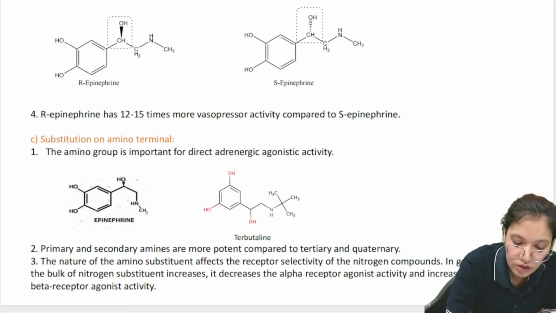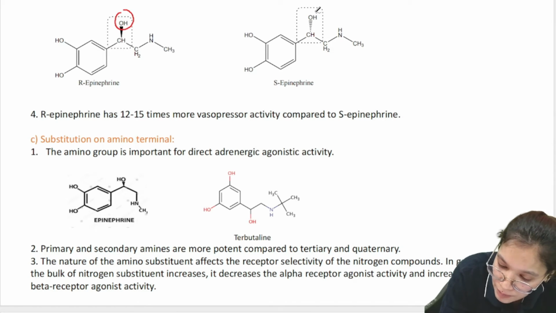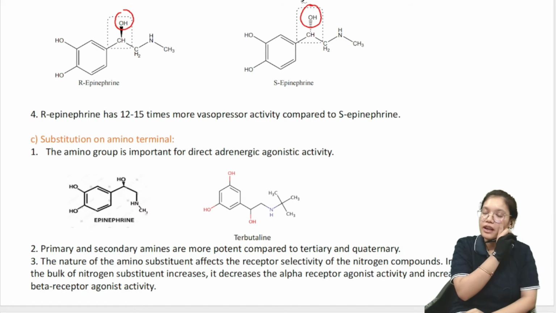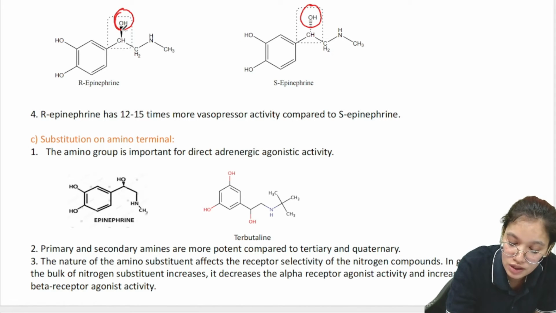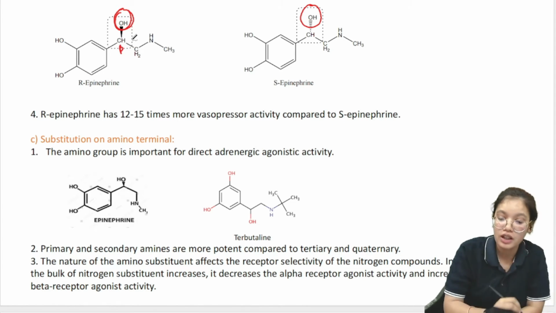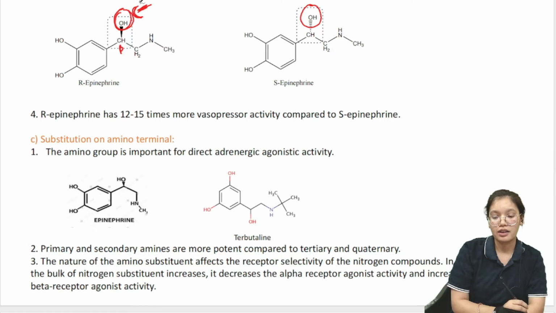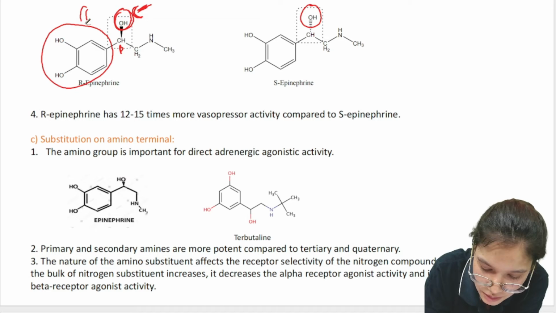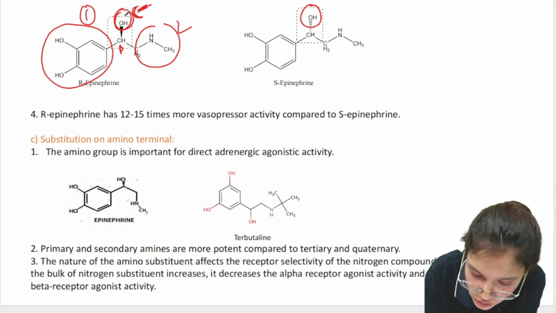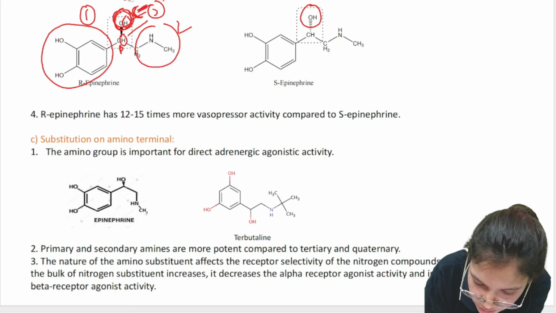Okay, now moving forward, if we talk about the epinephrine structure, the hydroxy position, the beta hydroxy, this OH is responsible for the chirality of epinephrine. Now it has 4 different substitutions: this is the first substitution, this is the second substitution, this H is the third substitution, and this OH is the fourth substitution.